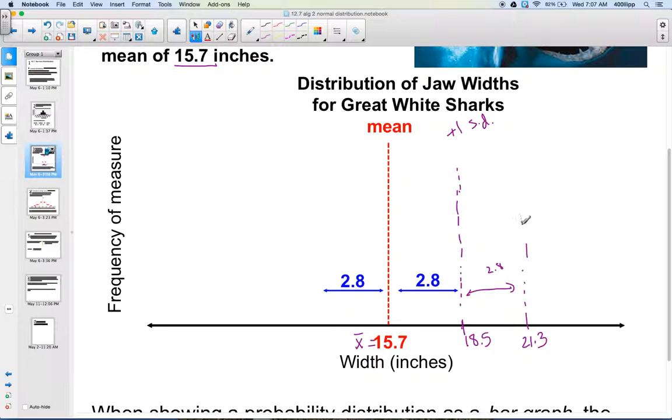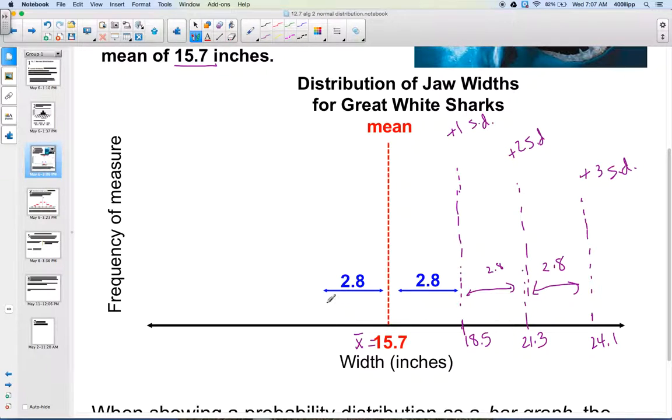And this right here will be plus 2 standard deviations above the mean. Okay. And another 2.8 above the mean. We'll add 2.8 again. It will be at 24.1, and this is going to give us plus 3 standard deviations above the mean.